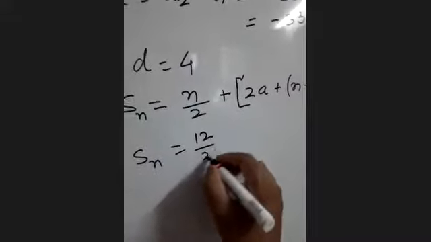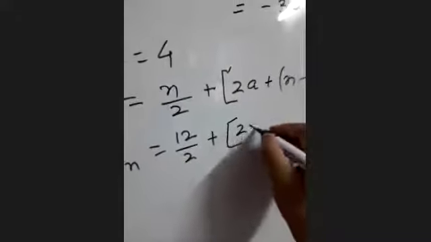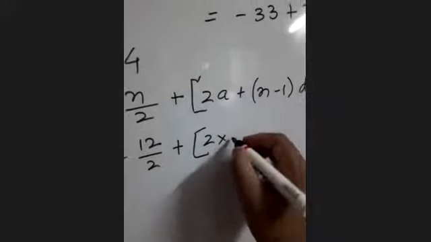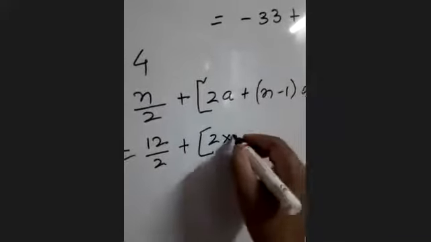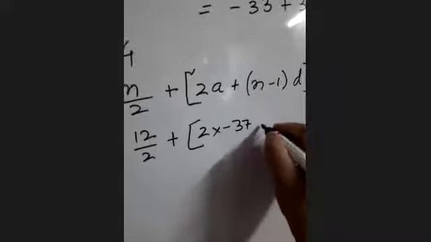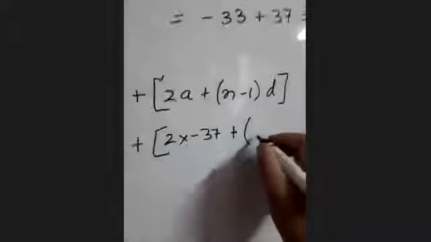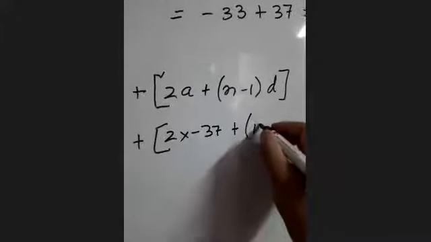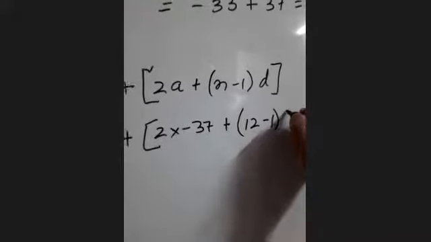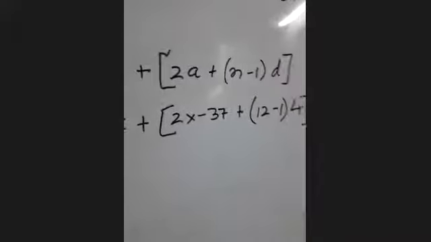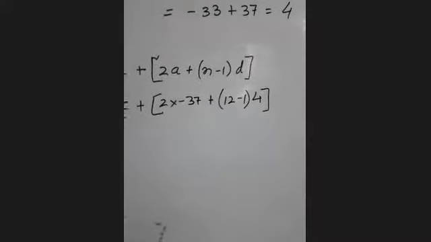So that's 12 upon 2 times (2 multiplied by A, and the value of A is minus 37, plus (12 minus 1) multiplied by D, and D is given as 4). So we have put all the values given to us, and now the calculation is remaining.